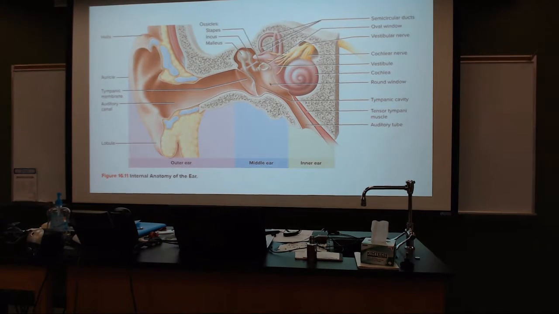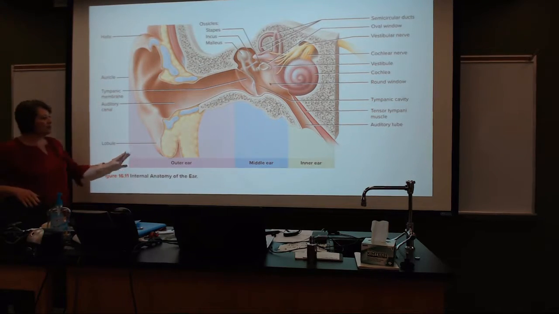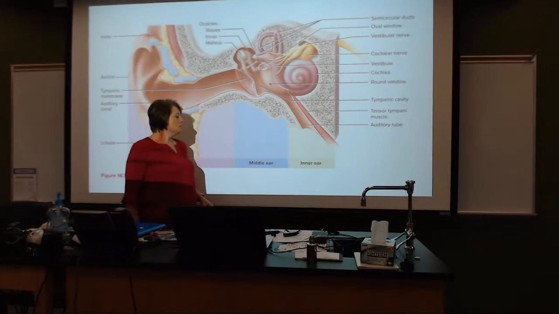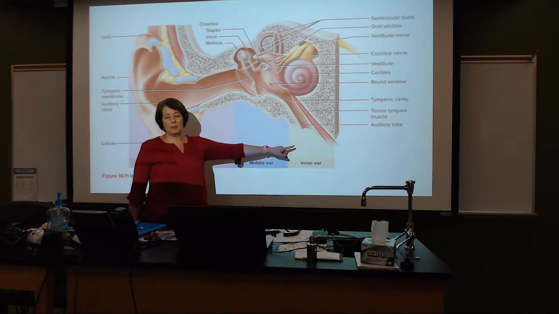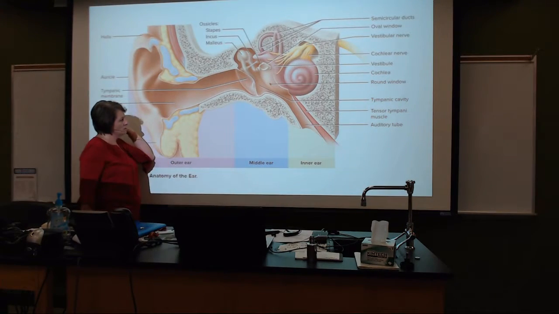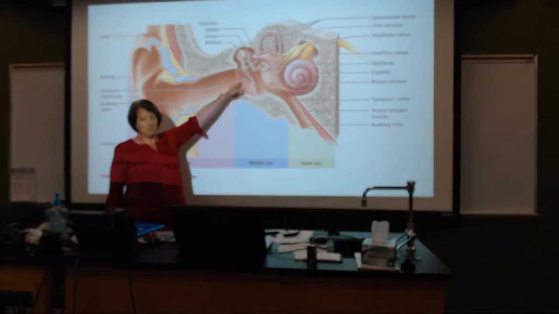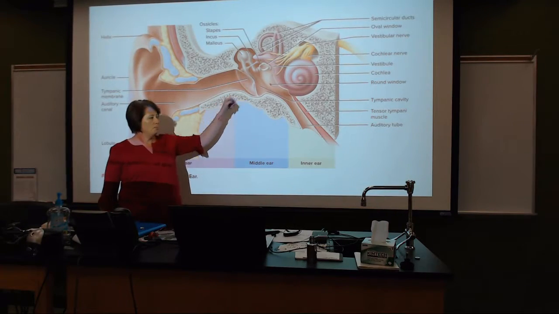All right? So if we take a peek at what the picture in your textbook shows, they're representing the outer ear going to the middle ear, going to the inner ear. So this outer portion goes all the way to our eardrum.